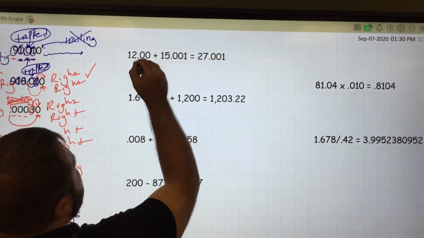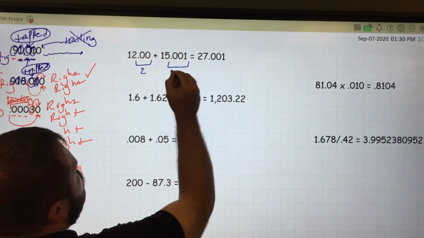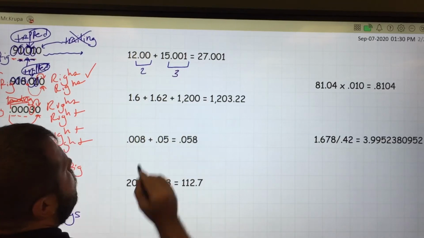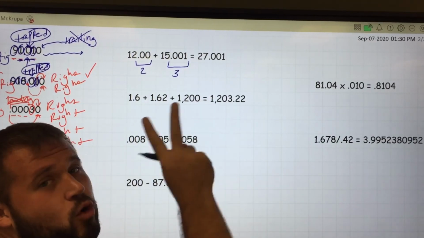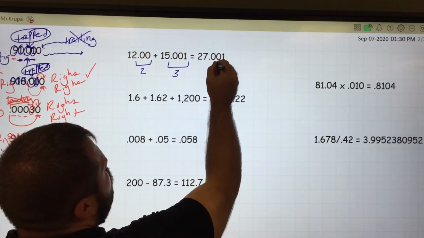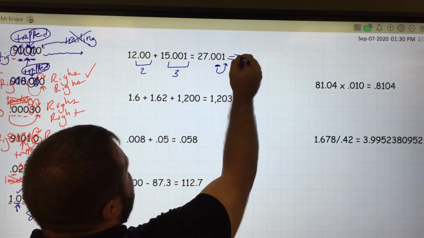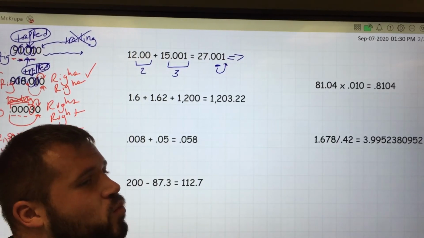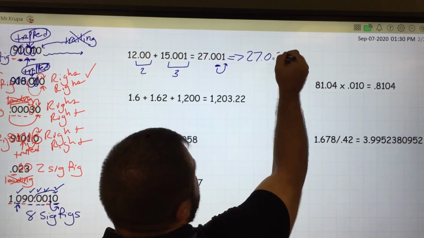So for example, here we have 2 decimal places, here we have 3. So 2 decimal places, 3 decimal places. That means our final answer can have no more than 2 decimal places, meaning we would be rounding right here at this 0. We look after it and it's a 1. A 1 does not round anything up, so the answer is 27.00.